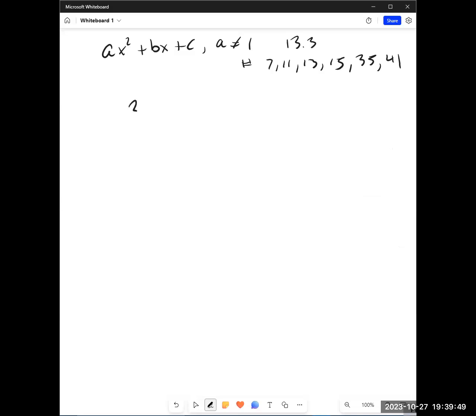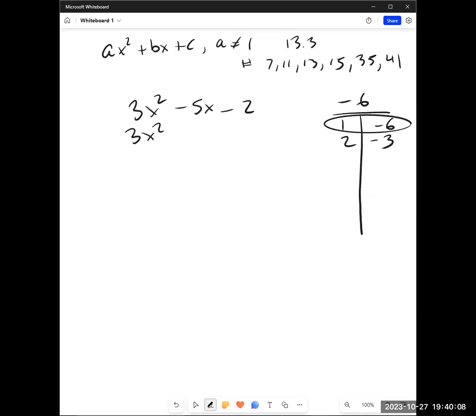3x squared minus 5x minus 2. So 3 times -2 is -6. And I want the bigger factor to be negative. So I'm going to choose this pair right here. Greatest common factor is x.